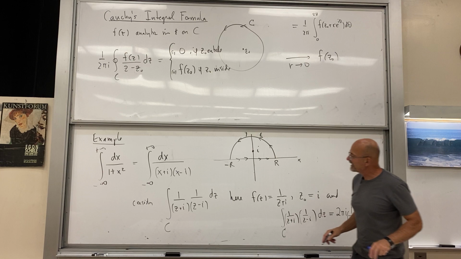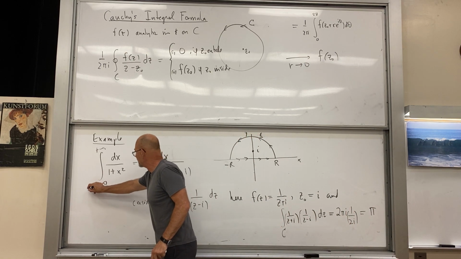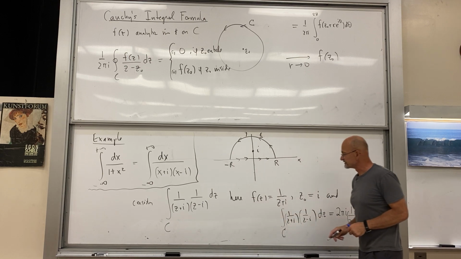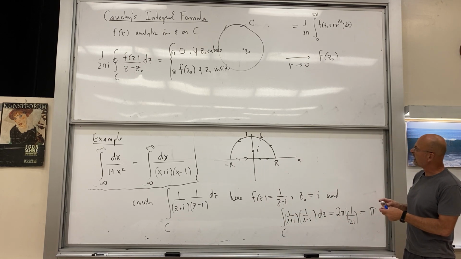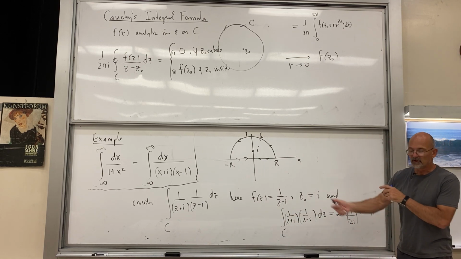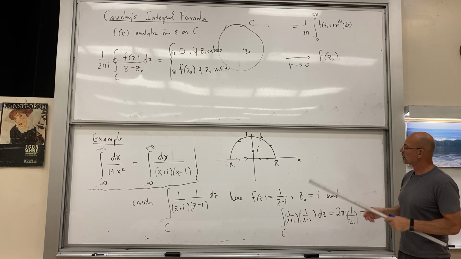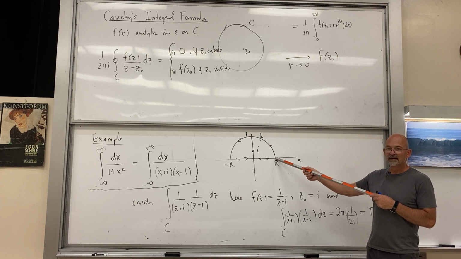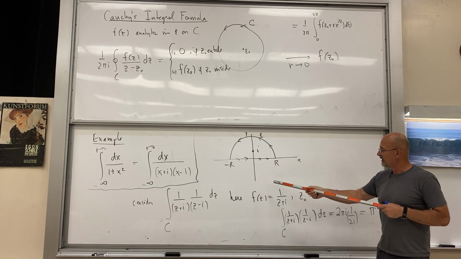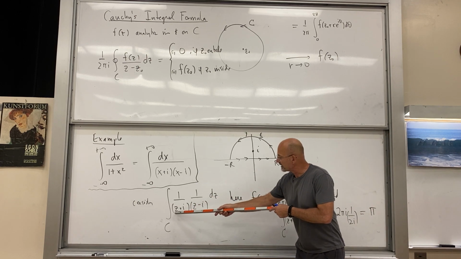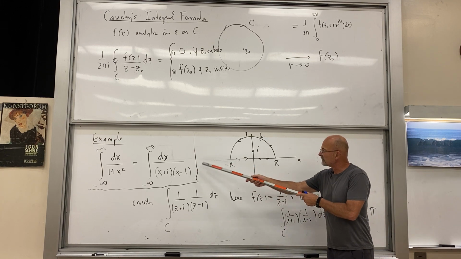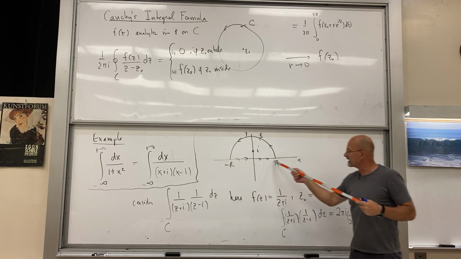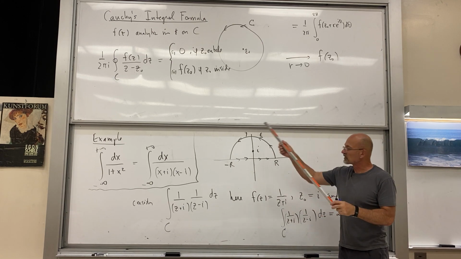Now let's relate it to the one we're trying to solve. And I'll actually just state everything that we're going to do before I write it out. What we're going to do is let r go to infinity. Then this integral here, the entire integral, consists of the one we were looking for, minus infinity to infinity, plus that semicircle.